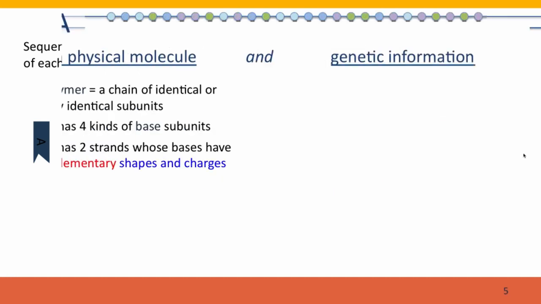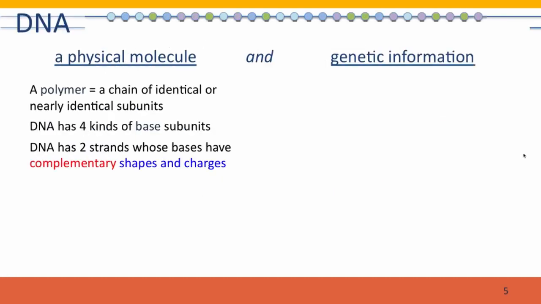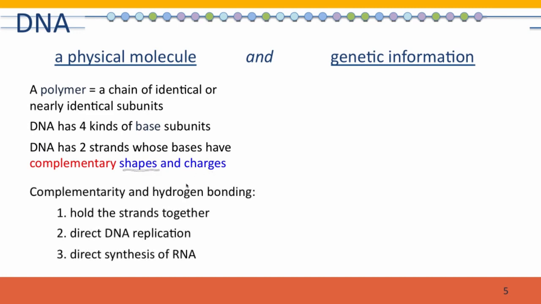Now, this fit is mediated both by complementary shapes and by complementary charges, the mixtures of pluses and minus charges on different parts of the base molecules. Now, these interactions of shapes and charges together create a kind of chemical interaction called hydrogen bonding.